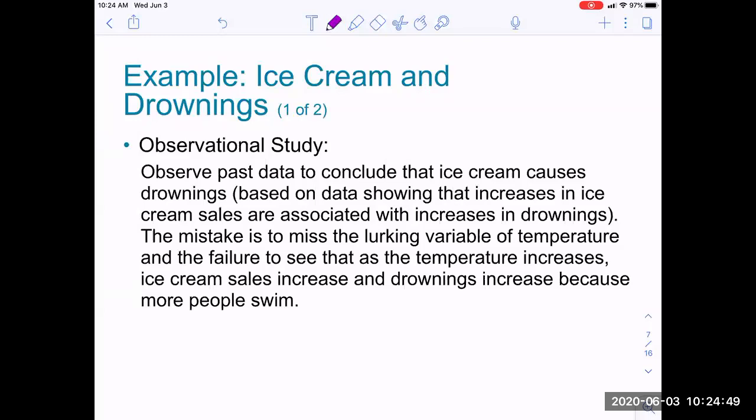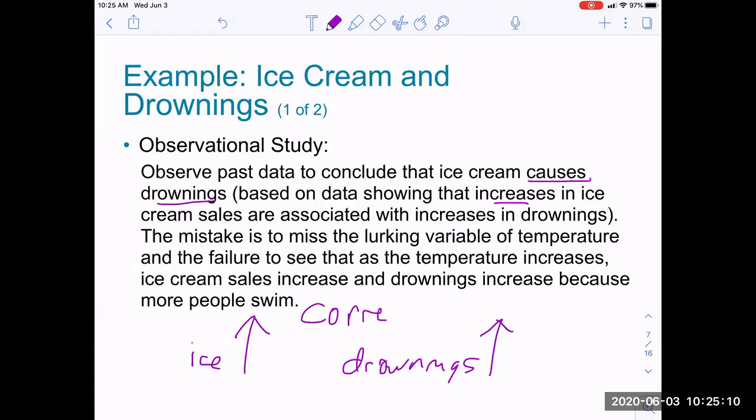This is kind of neat. It can review parts of last section. Ice cream causes drownings. Basically, when you have an increase in ice cream sales, we see more drownings. Certainly a correlation, absolutely.